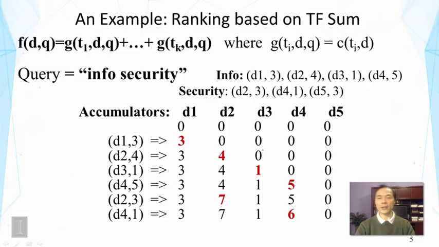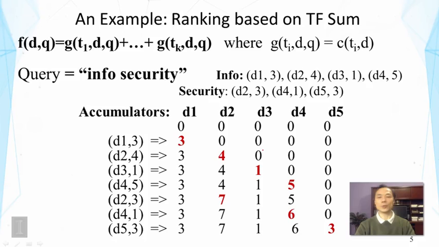Go to the next entry, that's D4 and 1. So we would update the score for D4, and again we add 1 to D4, so D4 now goes from 5 to 6. Finally, we process D5 and 3. Since we have not yet allocated a score accumulator for D5, at this point we're going to allocate one for D5, and we're going to add 3 to it.